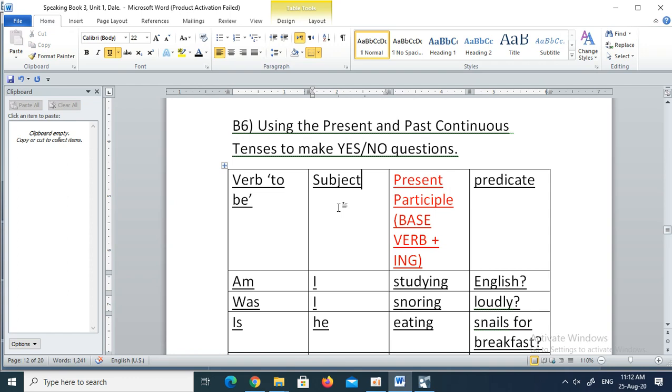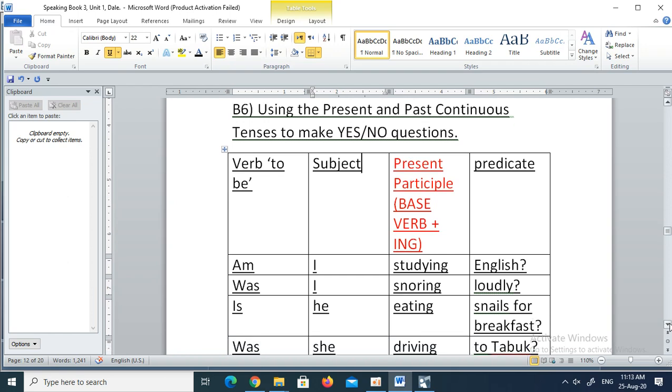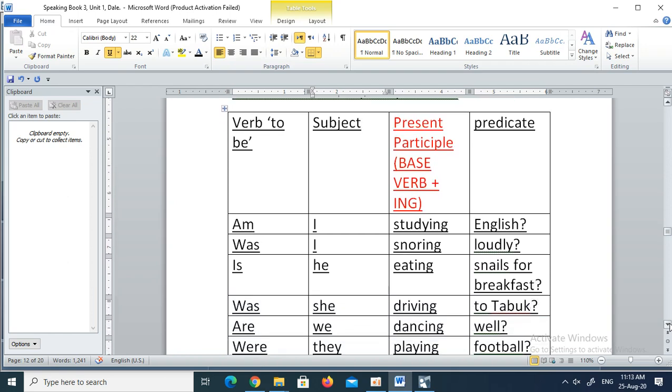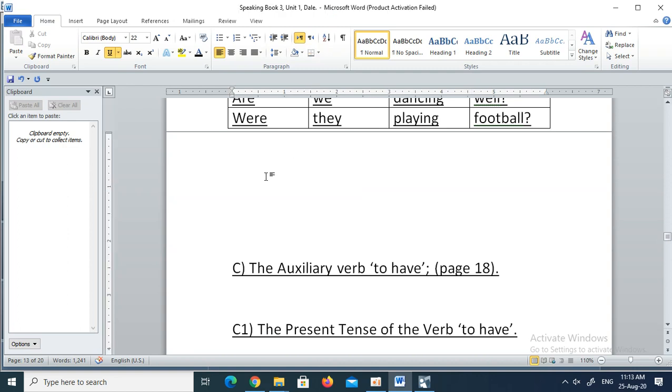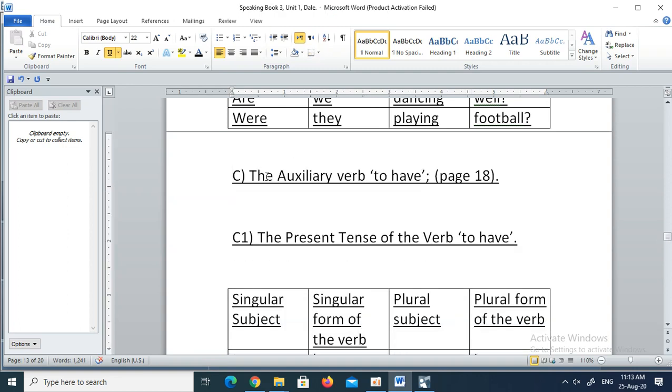Very simple. You change a statement into a question by swapping the words in the second block with the words in the first block. Just as we did it with the verb to do, you do the same thing to the word order with the verb to be.